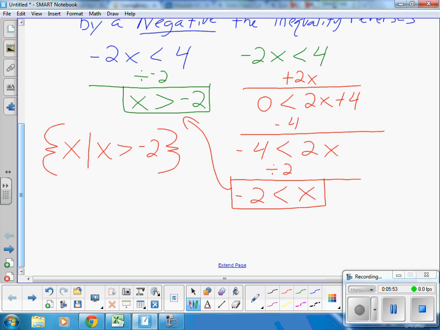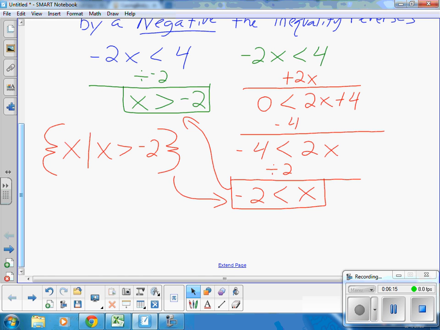That's what I have in the green, and that is what I have down here in the red when I flip it. So there is my proof, my example of why when you divide both sides by a negative or multiply both sides by a negative, the inequality reverses.